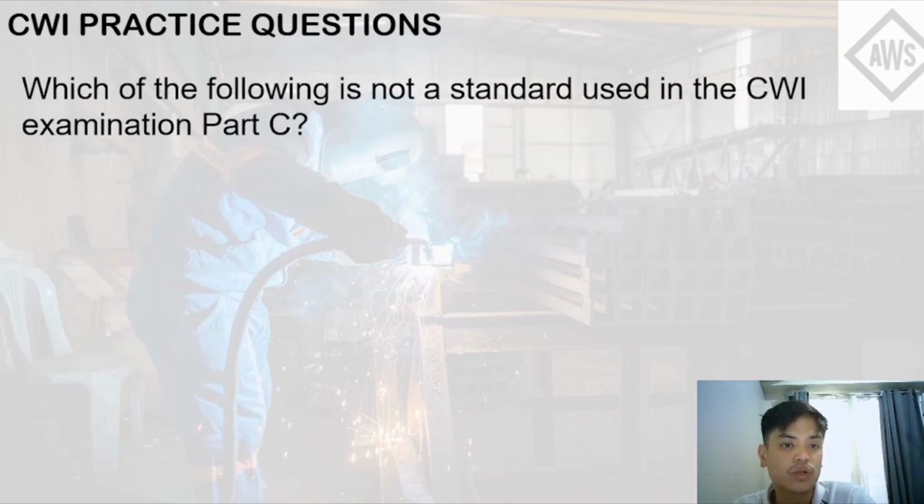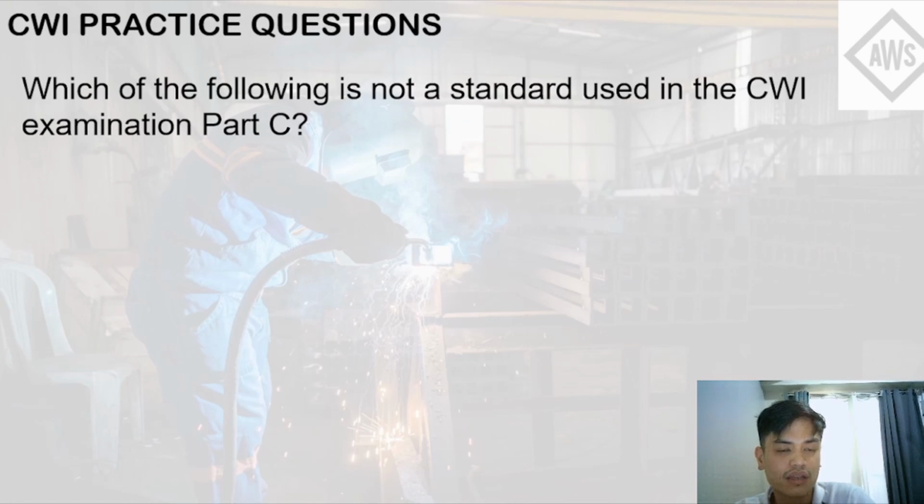Next question. Which of the following is not a standard used in the CWI examination Part C? Part C of the CWI exam is an open book where the examinee must choose from a set of standards.